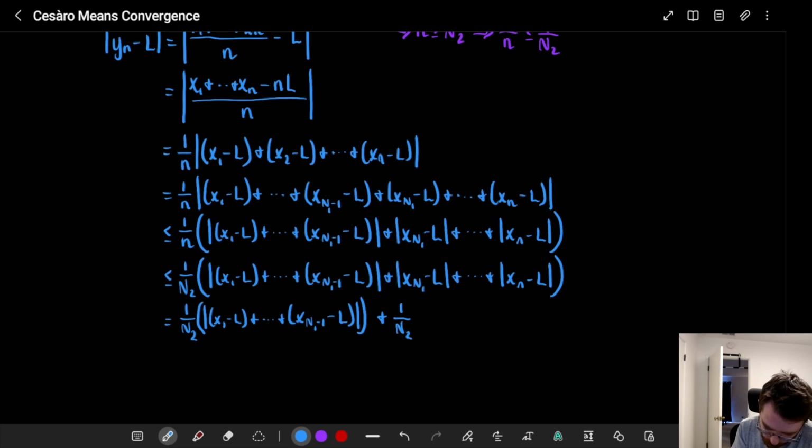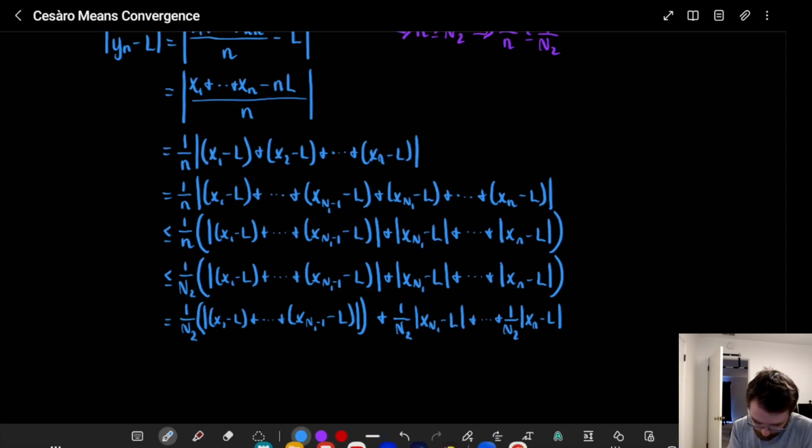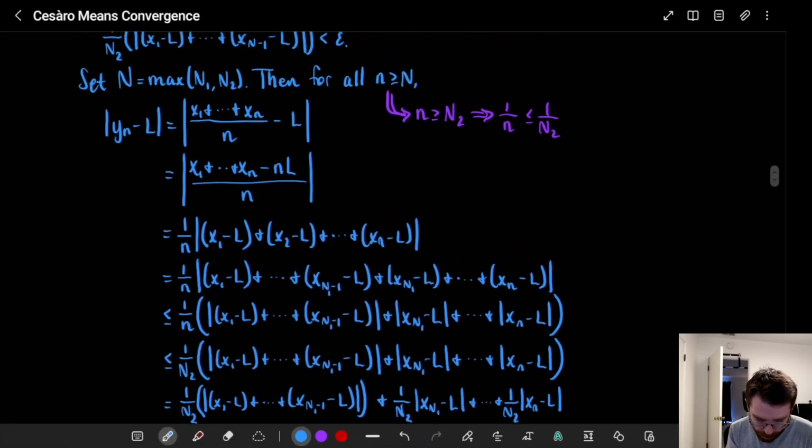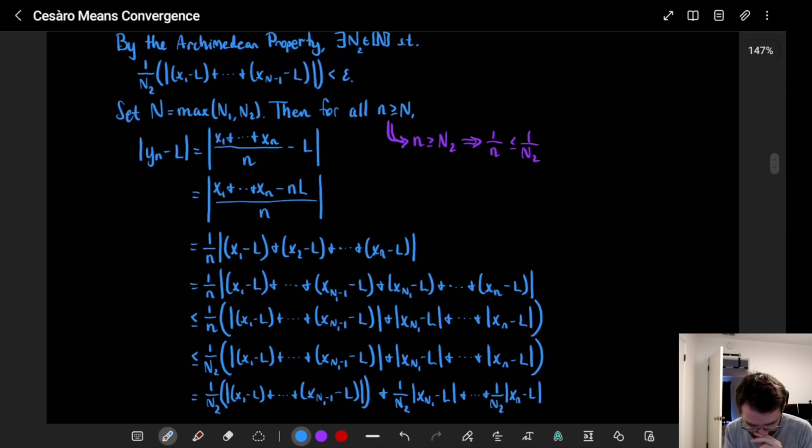I'm just distributing the 1 over n2 to all these little terms on the right, including 1 over n2 times the last one. Okay, I think that looks good, except let's be ultra careful. I forgot to replace that with an n1. Good job if you caught that. I missed it, but that should have been an n1. And now that matches up with that, which is good.